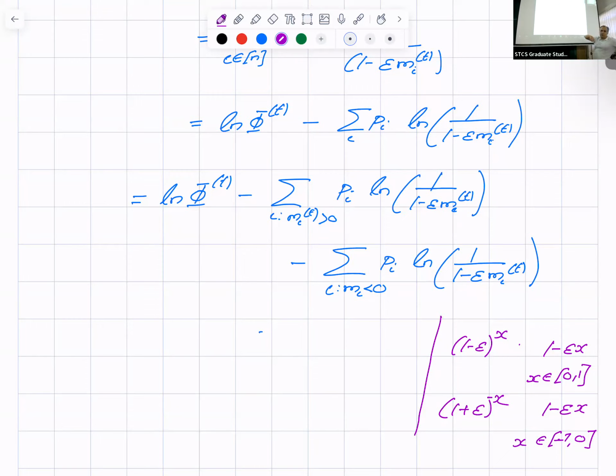And how does 1 minus epsilon power x look as a curve? Is it below this or above it? Which way does it go? I think both of them go in that same direction.